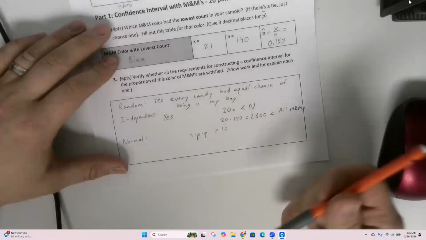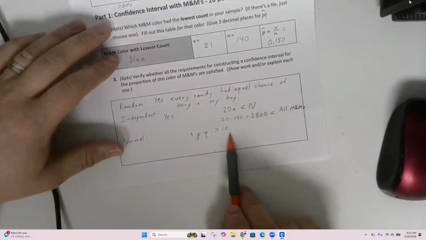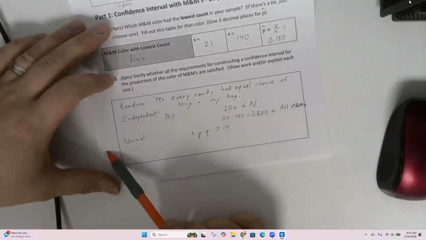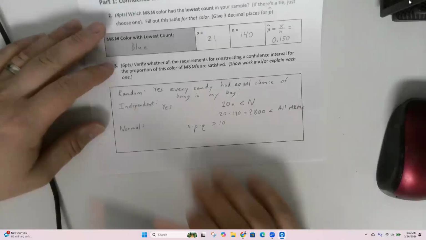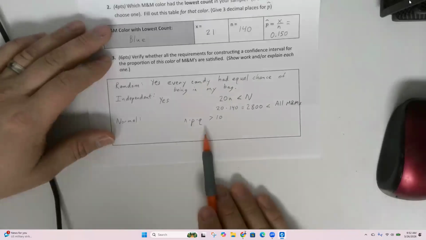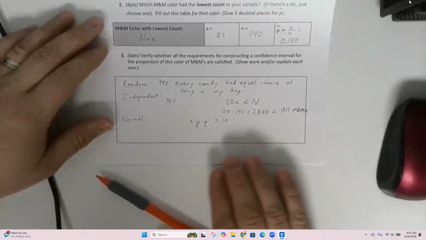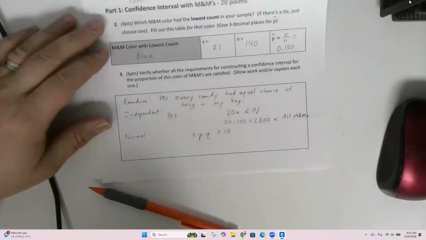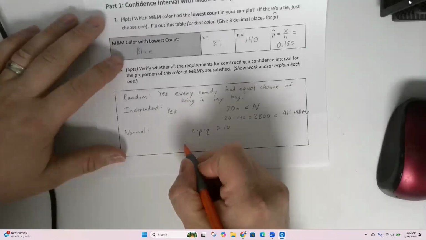If we were looking at means, I would be looking at n bigger than 30, like if I wanted to know the average weight of an M&M, I would weigh each of them and average those. In this case, I'm looking at colors, and color is a qualitative variable, so we are looking at proportions. All right, so my n was 140.